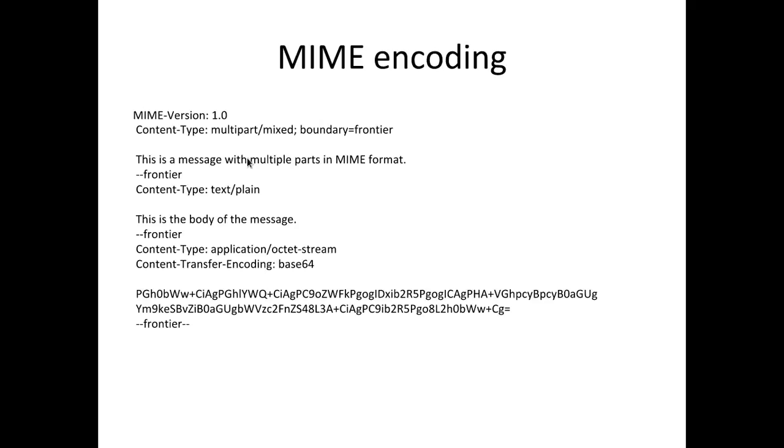There will be a message with multiple parts. Those multiple parts, as we've just seen, are split up by this boundary, by this particular signature here, and you may commonly see that the attachment, the other information contained in the body of the message, happens to be base64 encoded. So what is base64 encoding?